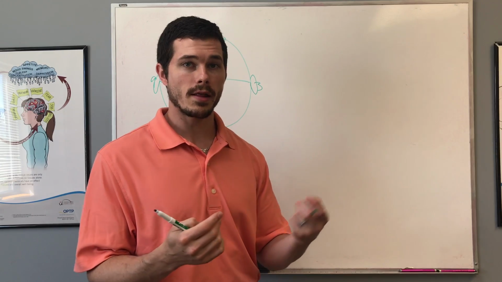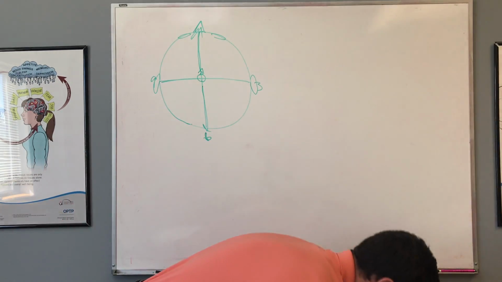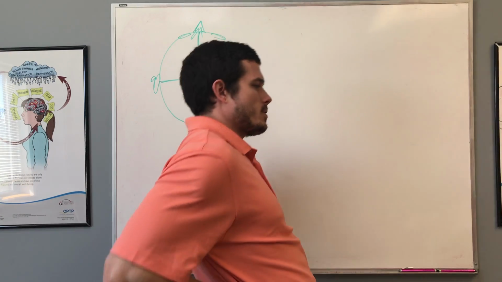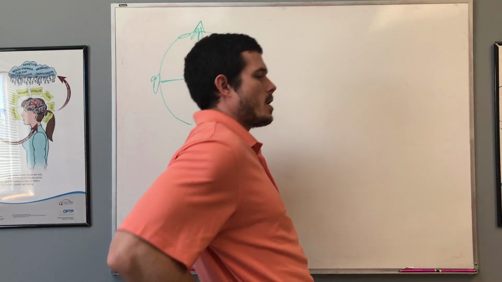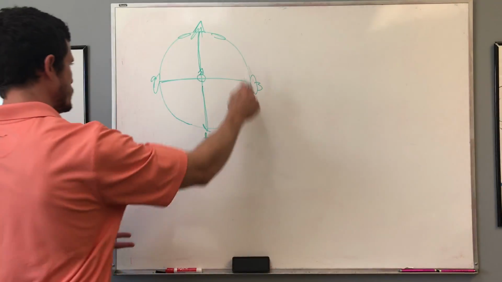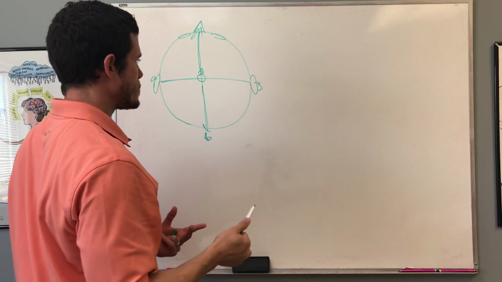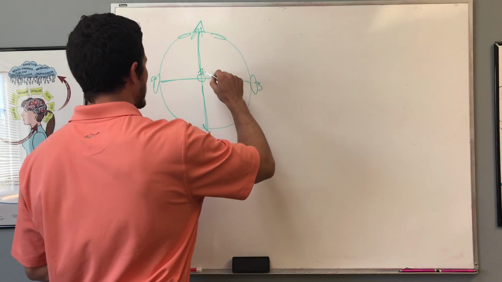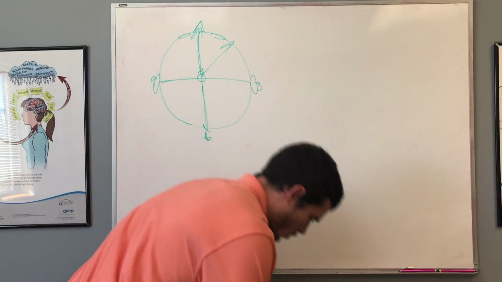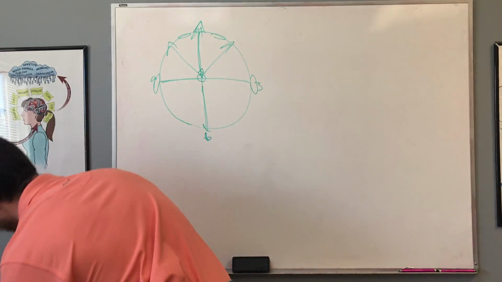Obviously, you can move more than that, and that's where the other times come in, right? But it's either you're bending forward, you're bending back. So this is 12 o'clock, this is 6 o'clock, this is 3 o'clock, and this would be 9 o'clock. And it corresponds to the clock. Now, within that, there are other movements. So you can do combined motions, right? You can bend forward and down to the right. You could bend forward, down to the left.